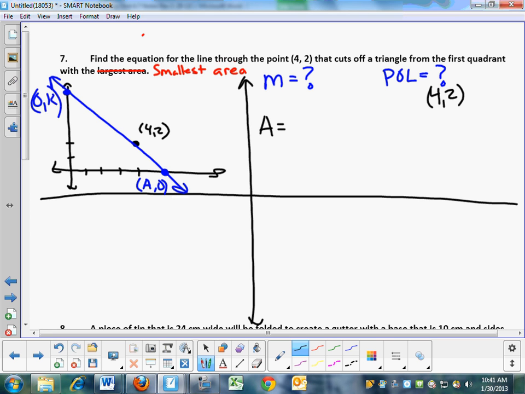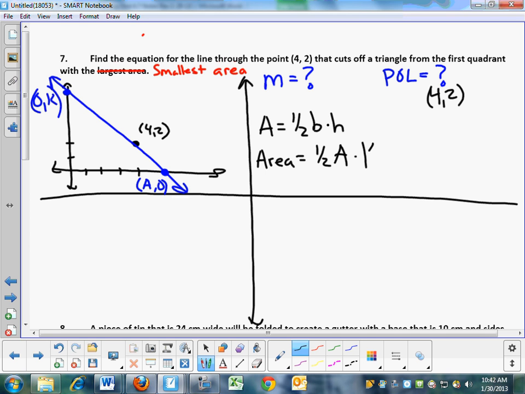Area equals what? 1/2 times the base times the height. Now, how long is the base? A. So area is equal to 1/2 of A. What's the height?